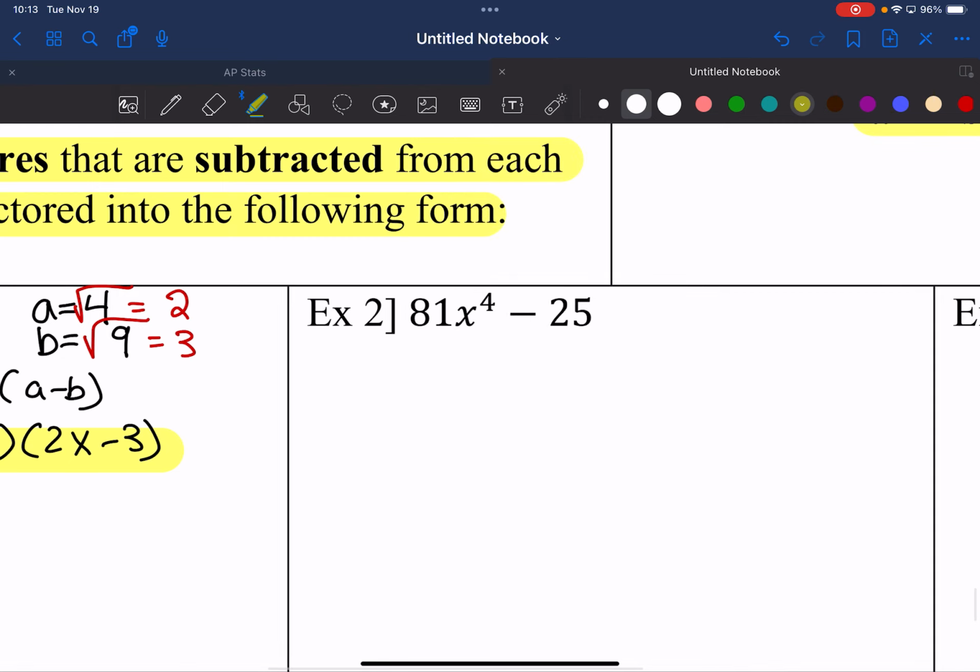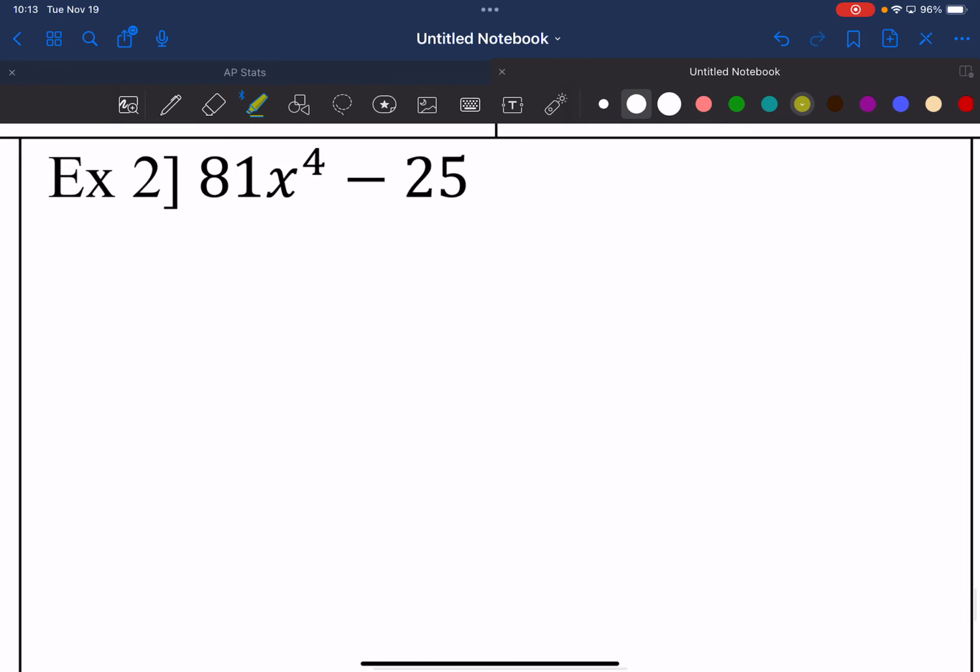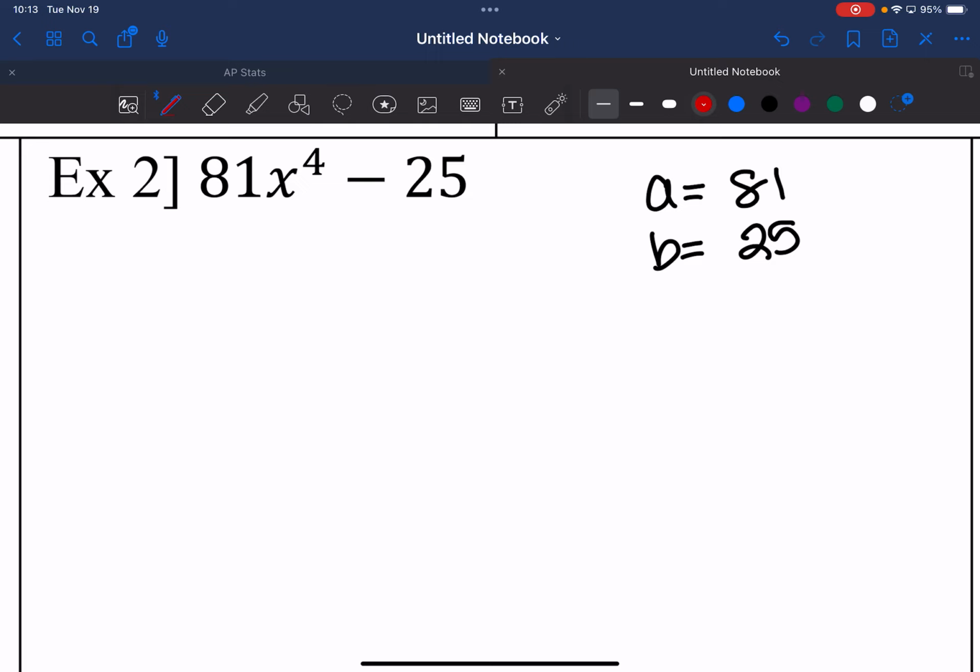So example 2. First let's label A and B. What is A? 81. What is B? 25. Now we're going to do what to each of those numbers? Take the square root. What's the square root of 81? 9. What's the square root of 25? 5.